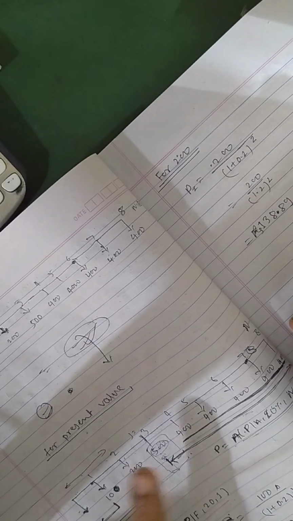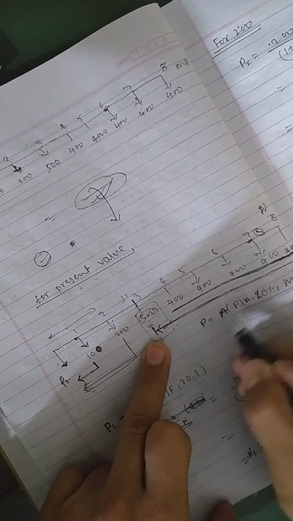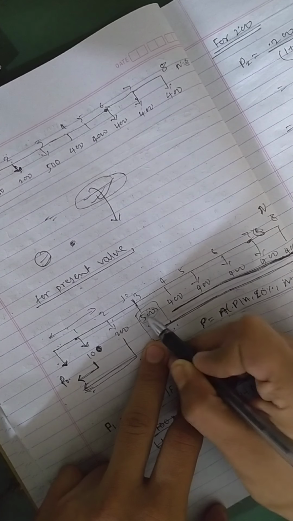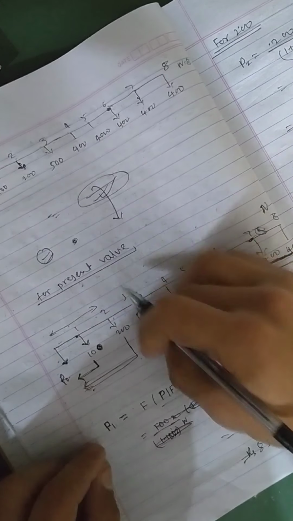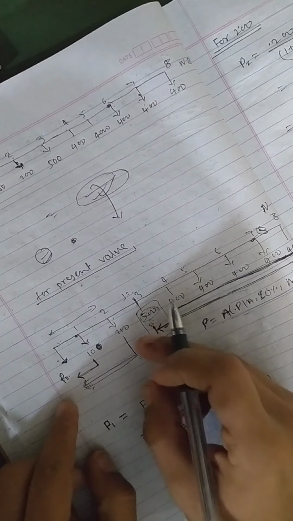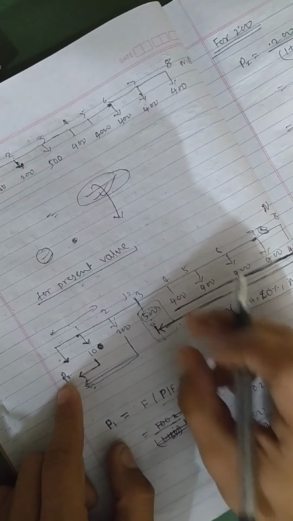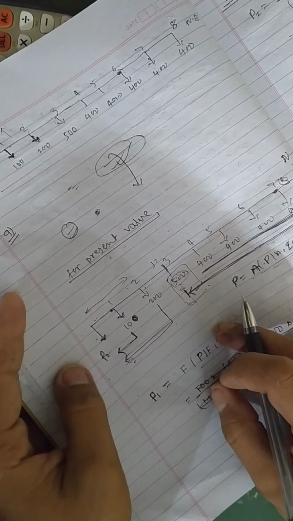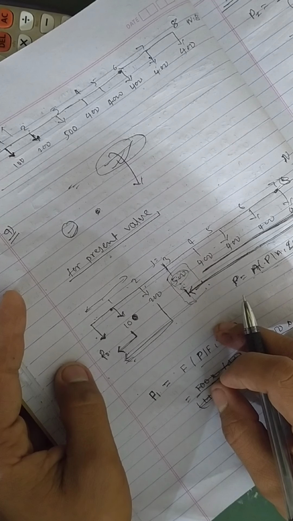Now you first have to find the present value for these annuities, and then add this 500, and then for the whole amount of money you can calculate the present value using the simple interest formula. But if I do that, you will get confused.